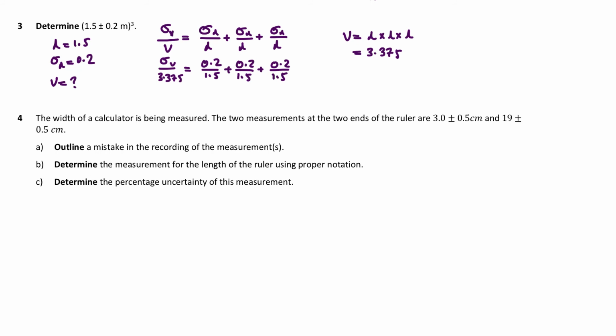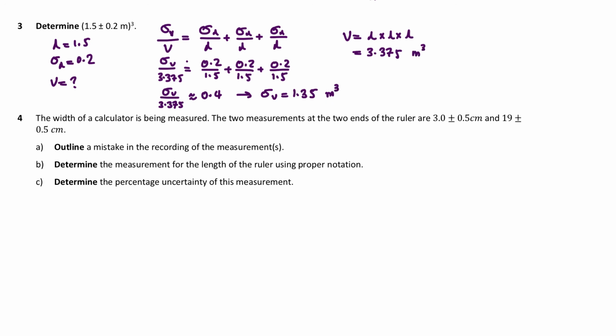We get the fractional uncertainty will equal 0.4 when we add all of them together. And if I multiply both sides by 3.375, I will get the total uncertainty, actually pretty large, 1.35. And the units here is meters cubed.